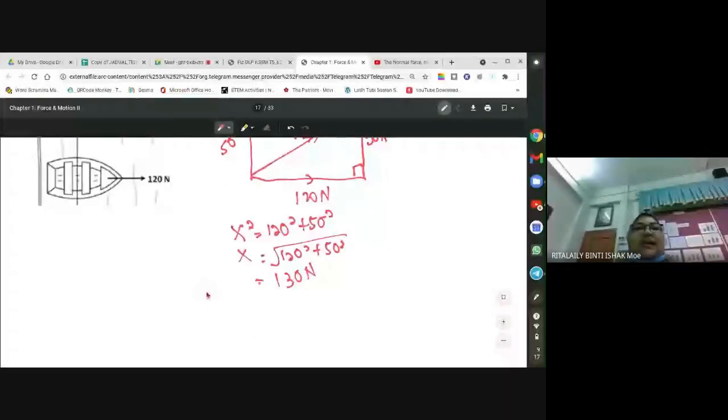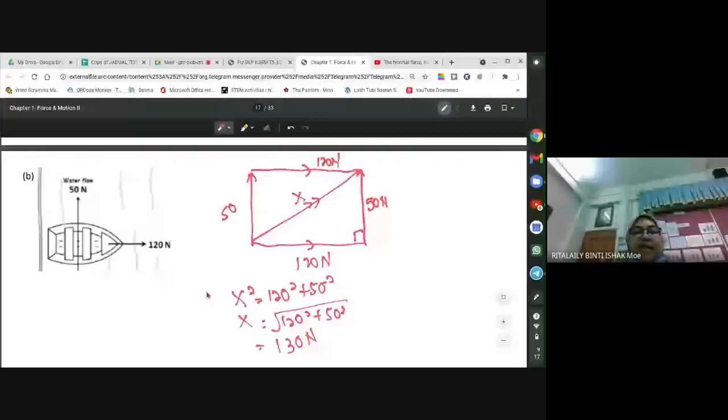So this is how we calculate the resultant force if the forces are perpendicular to each other. We can use Pythagoras theorem, which is easier because it is calculation. But if you want to use the parallelogram, which is a drawing, there are a few conditions that we need to follow. So let's look at question C.